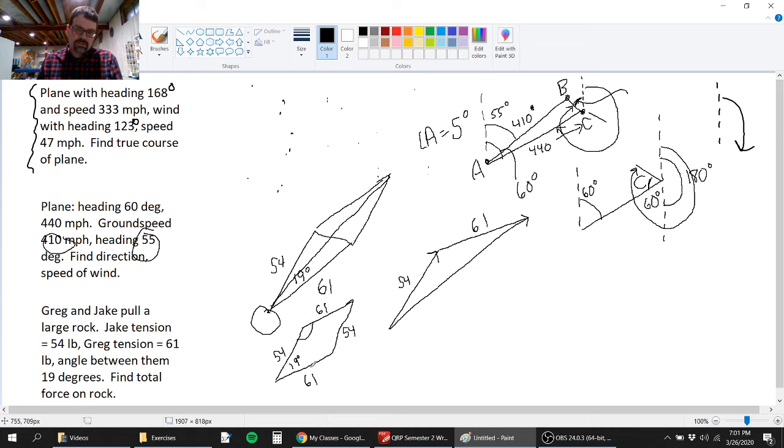So if the two 61s are parallel, then 19 degrees plus whatever this is has to be 180. And so this angle ends up being 180 minus that, which is 161 degrees.